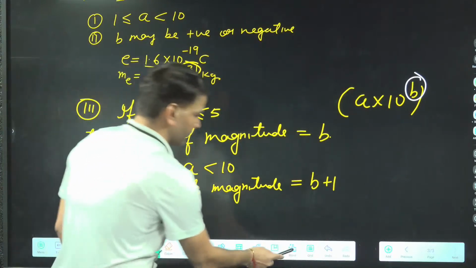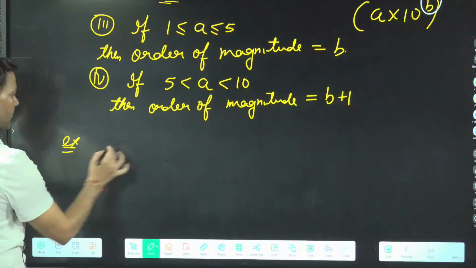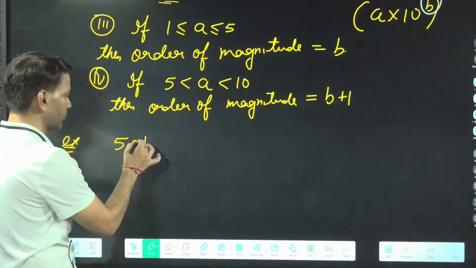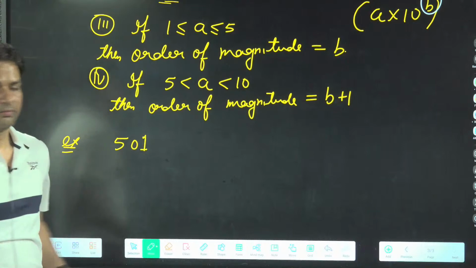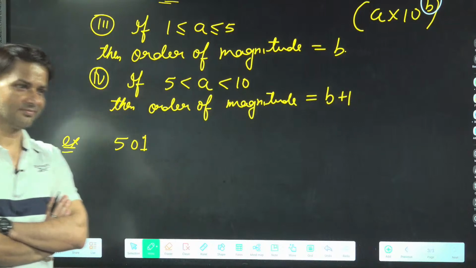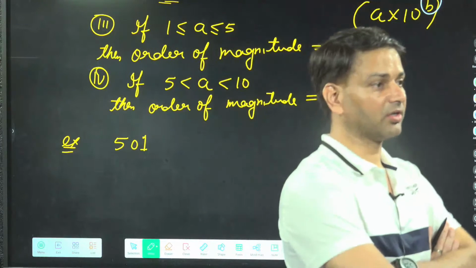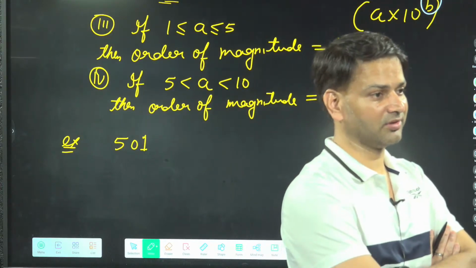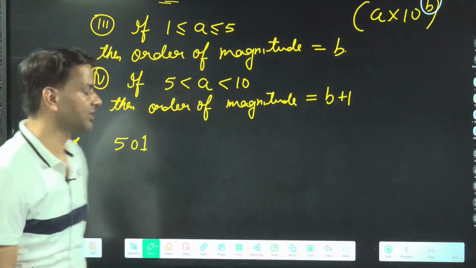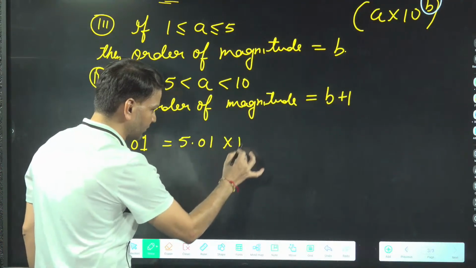Okay, one more example. Suppose I am saying 501. What is the order of magnitude? First convert it into scientific notation. How will you convert? 5.01 into 10 to the power 2.